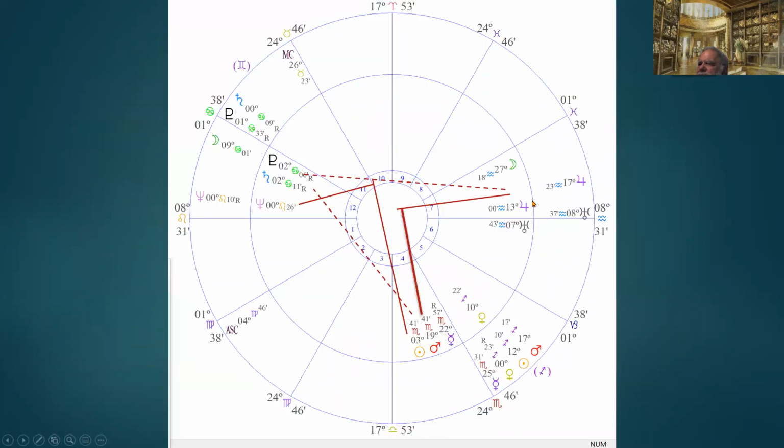Jupiter is ruling the liver. I don't have the line drawn in there, but it's opposite the ascendant, square to the Sun, square to Mars, and sesquiquadrate to Pluto and Saturn. That is just a massive affliction to Jupiter.